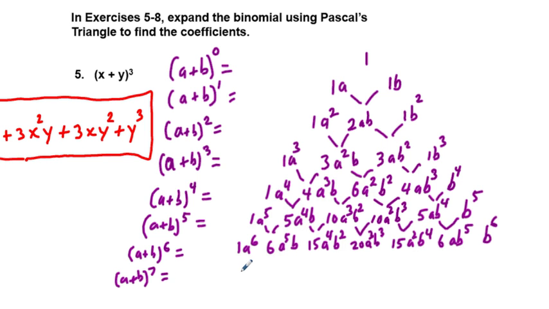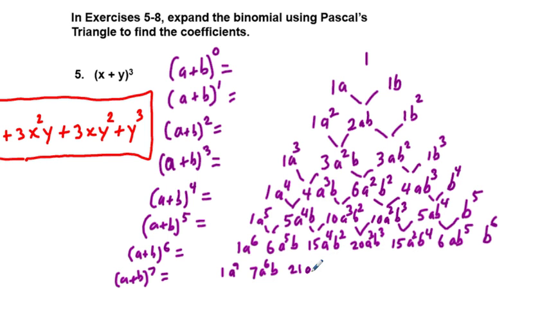You can see using the calculator is a lot easier. We have 1 A to the 7th, 1 plus 6, excuse me, is going to be 7 A to the 6th B, 6 plus 15 is 21. Remember the earlier problem we did? I think problem 3. These coefficients should be the same.